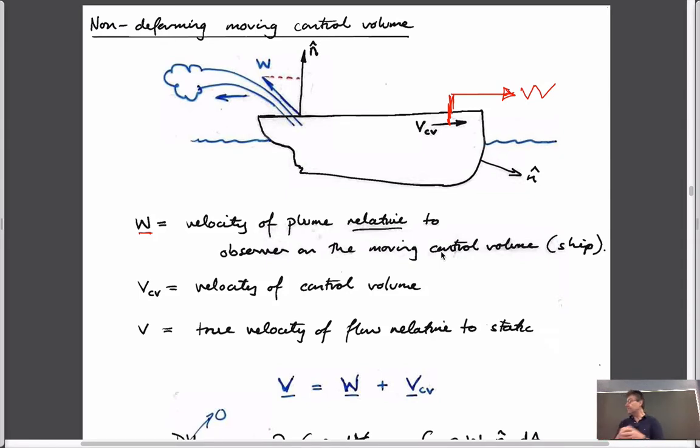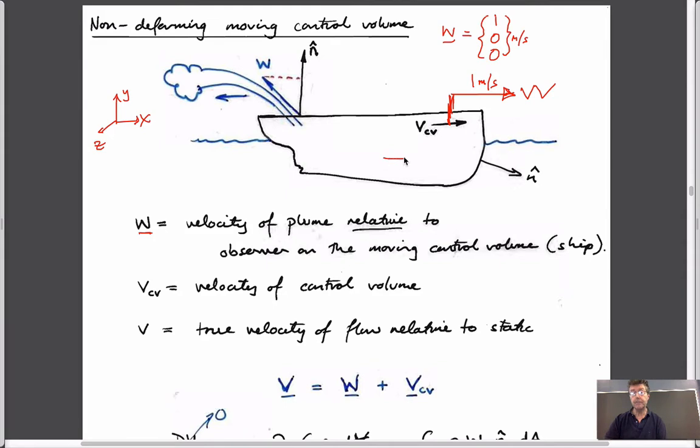So you're standing on the ship, you're pumping water out at 1 meter a second, going from left to right. If we choose our x, y, and z out of the page coordinate system, this vector w would be equal to 1 in the x direction, 0 in y, and 0 in z, meters per second.